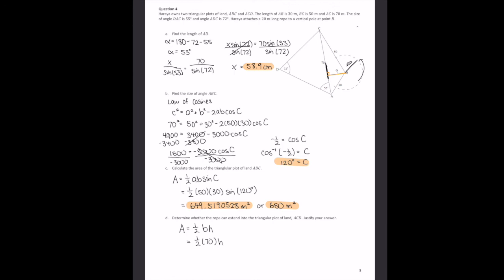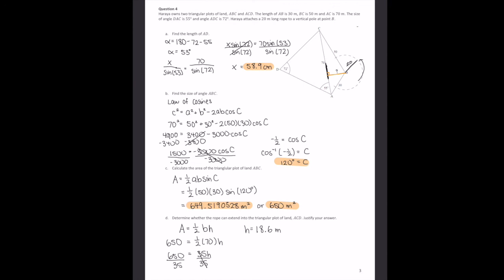And actually from part C, we know that the area of this triangle is 650 meters squared. And so this gives us a pretty simple formula to solve. 1/2 of 70 is 35. So on the right, we've got 35h is equal to 650. If we divide both sides by 35, what we find is h is equal to 18.6 meters.